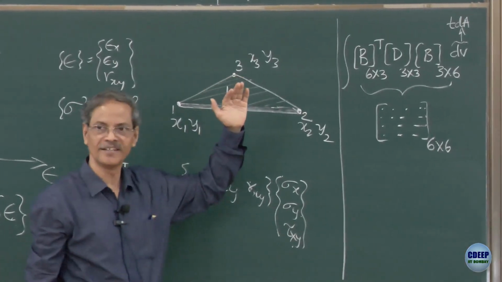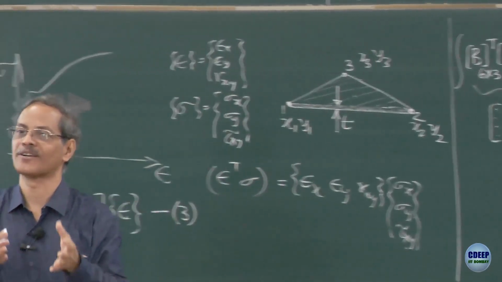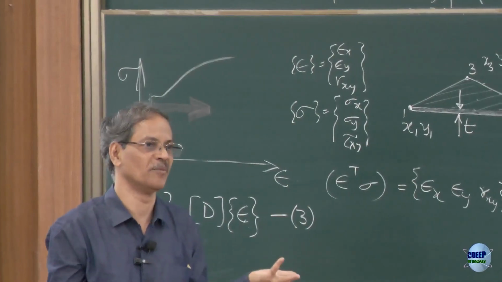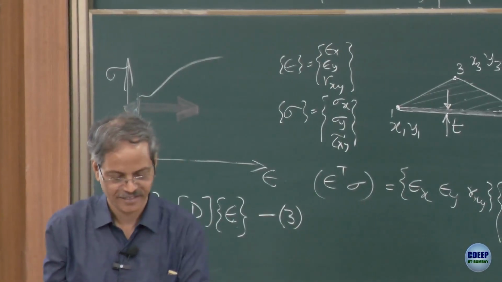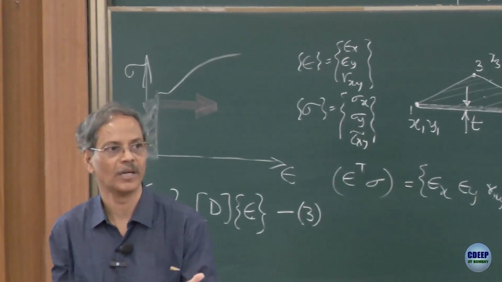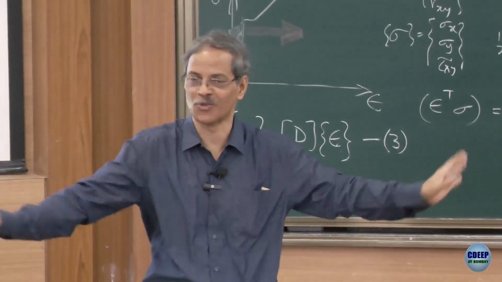If you pull out the constants, integral dA is the area of the element. So I get 2 delta, that is the area of the element. So it's fairly straightforward to write it out now.